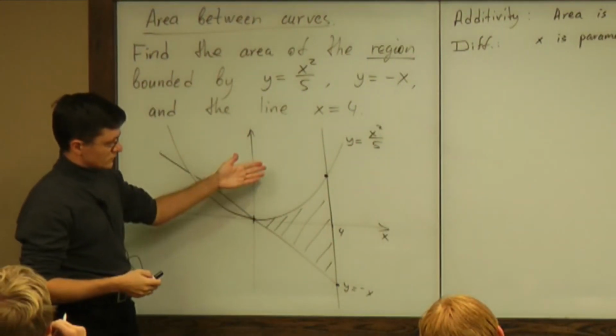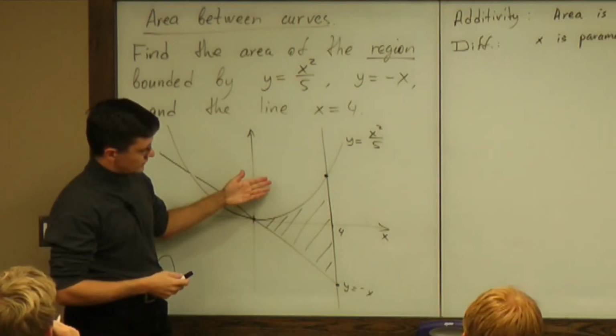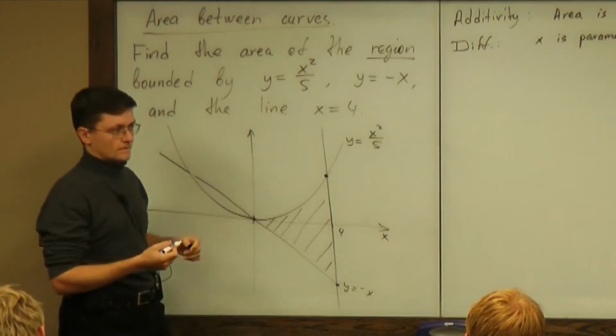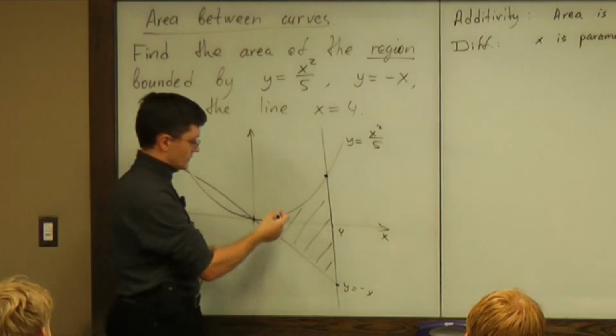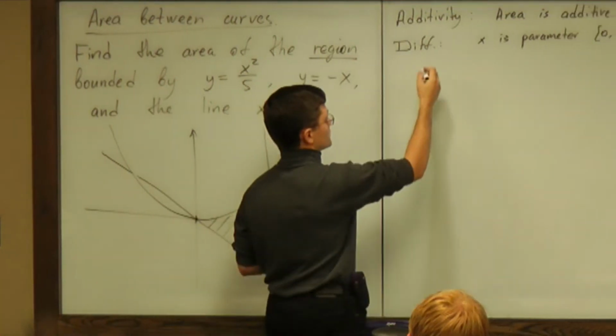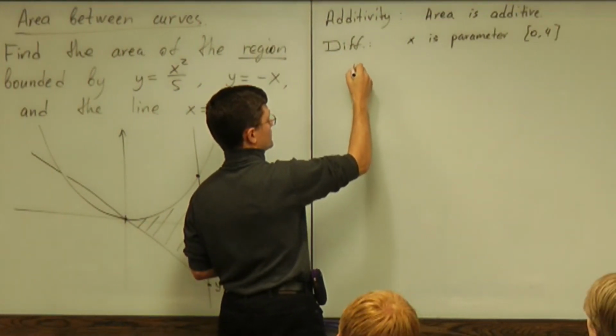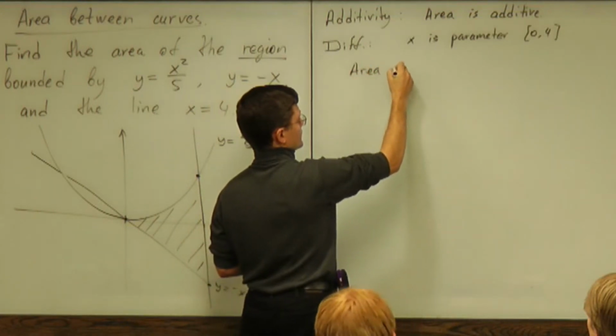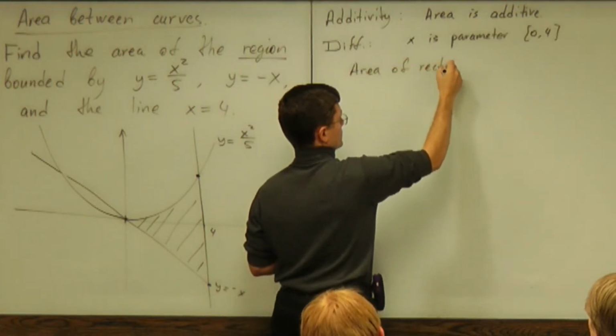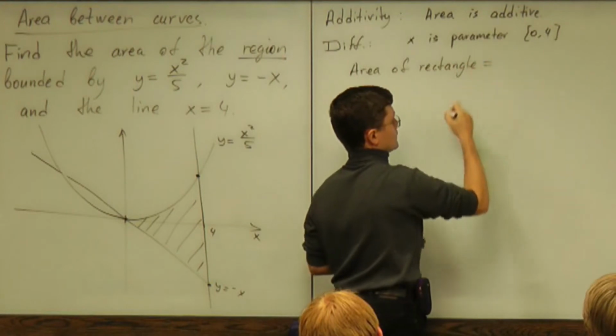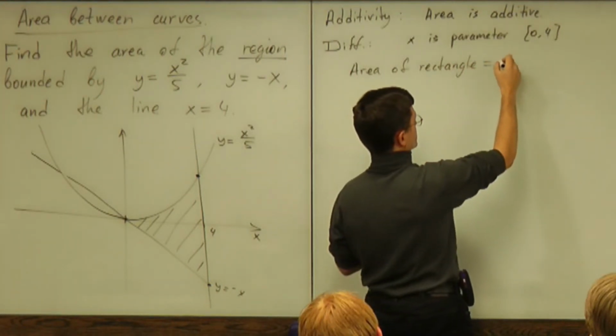And then the idea is to use rectangles. So the basic shapes I'm going to use are rectangles, and for those, area of a rectangle is equal to width times height.